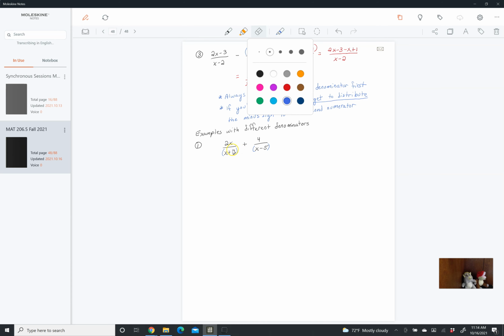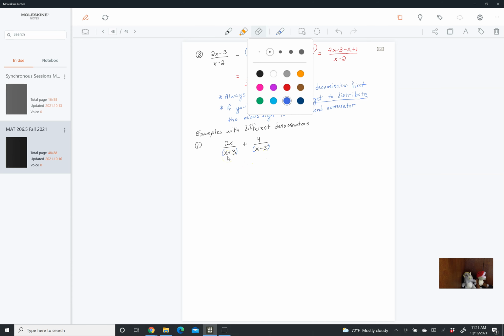No, that would be incorrect, because yes, that's true that a negative 5 is in the other denominator, but you can't say that it has an x, because the x is attached to a minus 5, okay? This is like one unit. So this denominator has the unit x plus 3. The other denominator has the unit x minus 5. So what does the second denominator have that the first one doesn't?